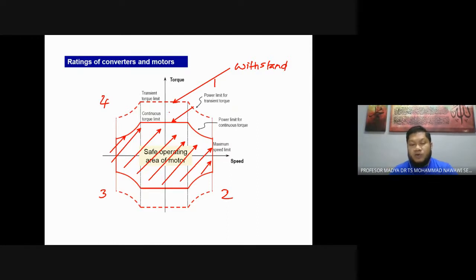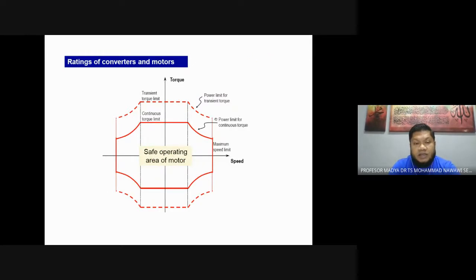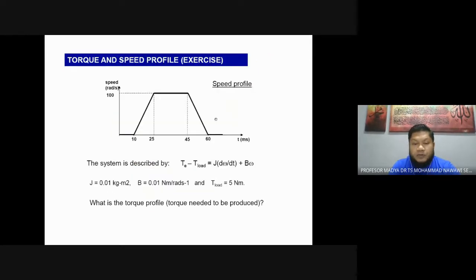We don't apply the top maximum, but we limit it so that your motor operates in the safe area, so that you can use your motor as long as possible. Okay, so this is the safe operating area of the motor.